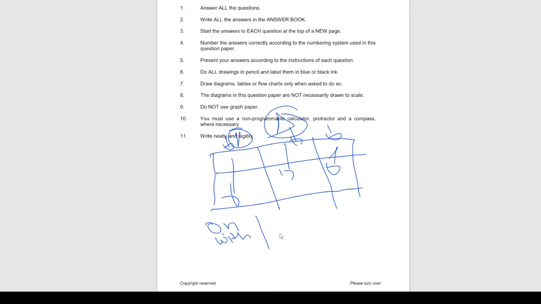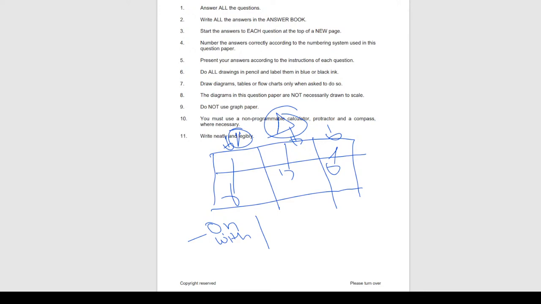the effect of birth rate on the population of South Africa. The effect, so the statement before on becomes the independent. The statement after becomes the dependent. It means, how does this birth rate affect the number of individuals in South Africa?